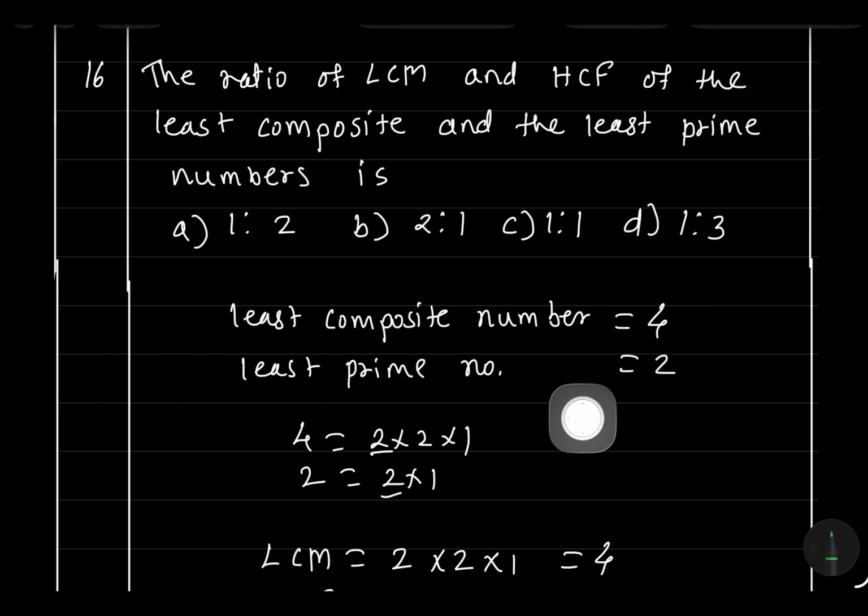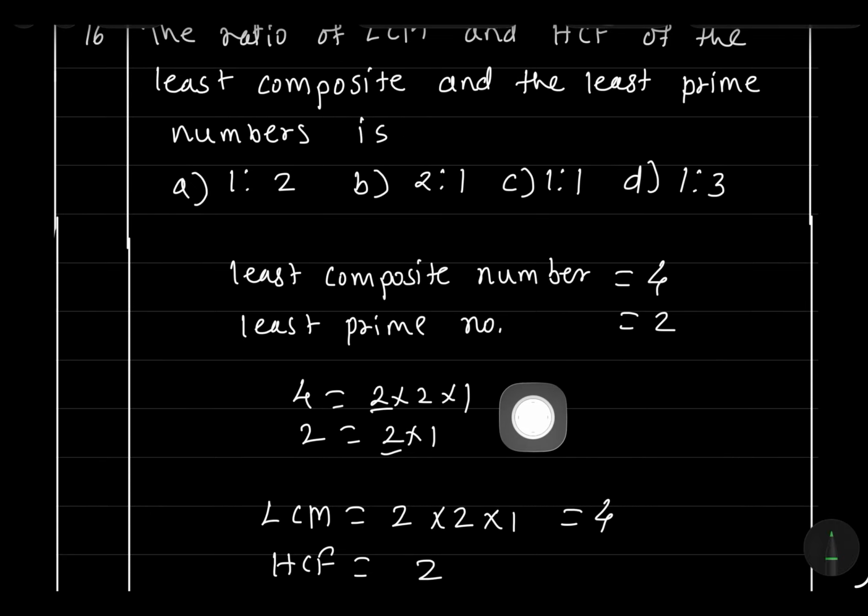The least prime number is 2, which is a prime number. After 2, 3 is also prime and 4 is composite, so the least composite number is 4 and the least prime number is 2.